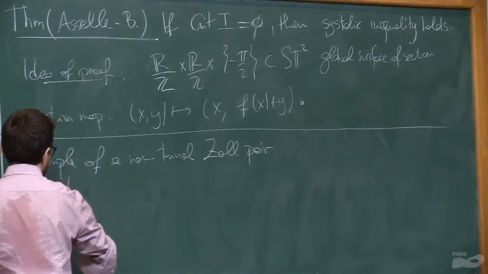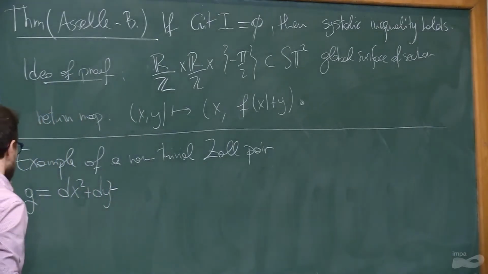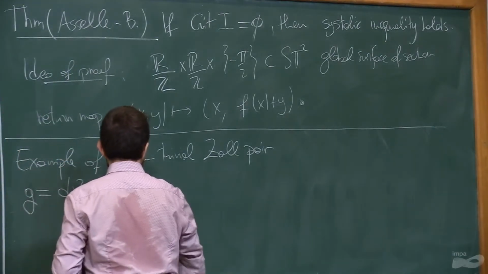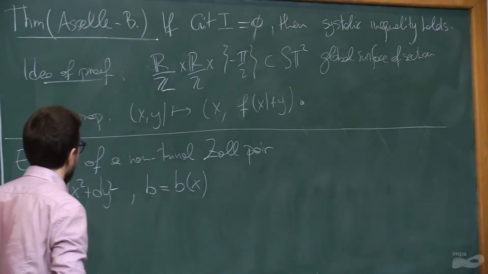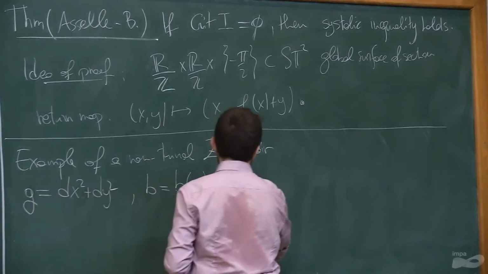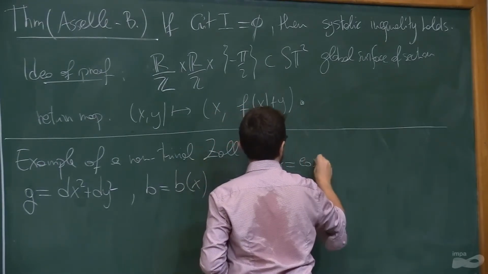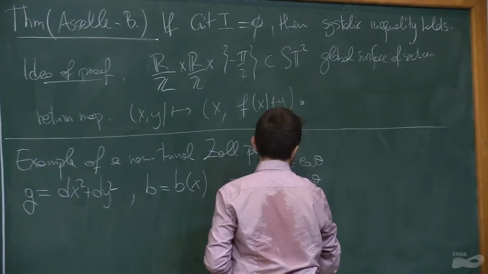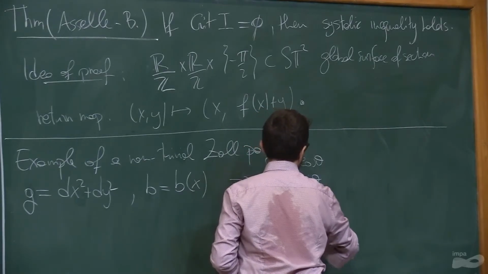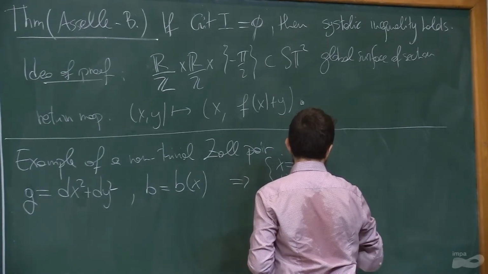So we will take as G a flat metric system, and as B we take B equal to B of x. And now our equations of motion are x dot equals cos theta, y dot equals sin theta, and theta dot equals B of x.